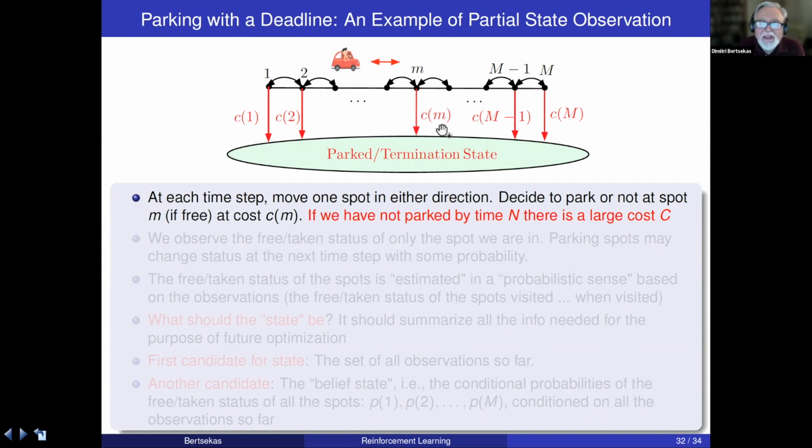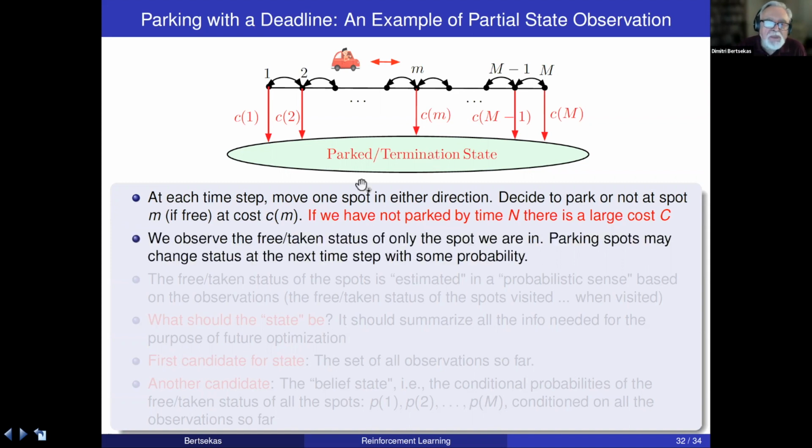Now, if the driver had a map of the parking lot, given to him with all the spaces and their status at the beginning of each stage, then that would be a problem of perfect state information.